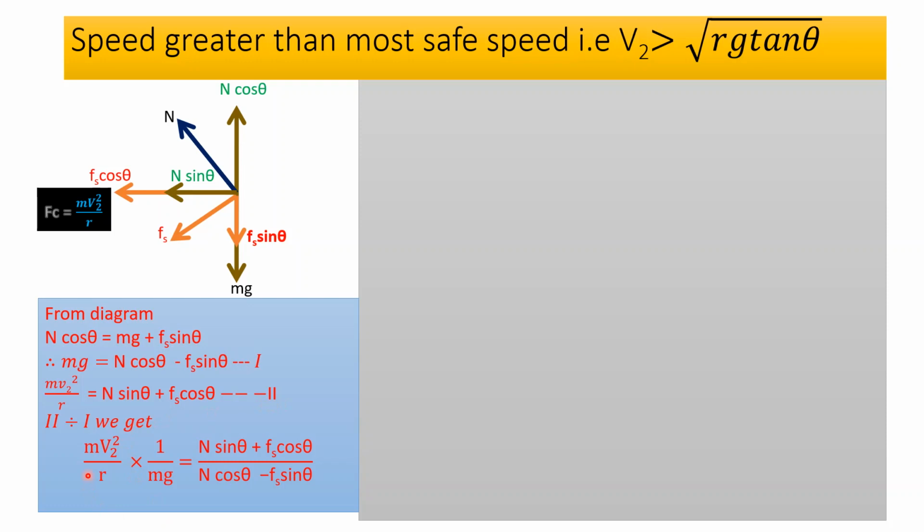We can write m v square upon r into 1 upon mg is equal to N sin theta plus Fs cos theta upon N cos theta minus Fs sin theta. Cancel out the m factor from the left hand side. We get v square upon rg is equal to N sin theta plus Fs cos theta upon N cos theta minus Fs sin theta.